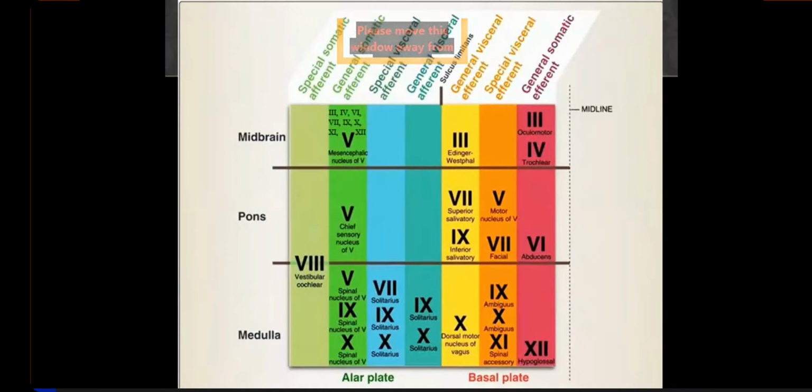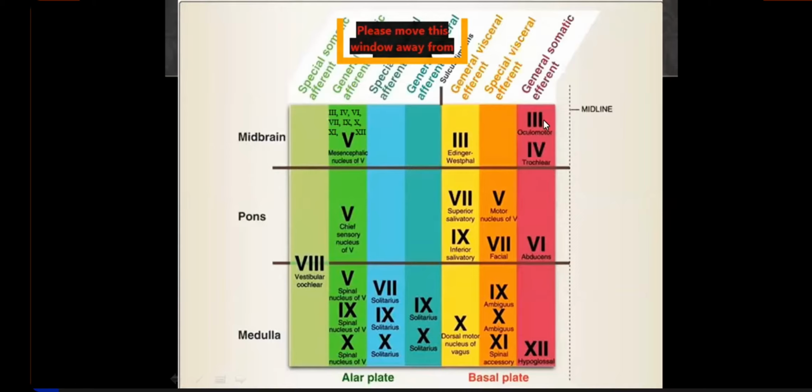Then functional columns. You should know this by heart by this time, because I have been repeating. It was all discussed in detail when I was teaching about the nuclei of cranial nerves and the functional columns. So it's a unilateral diagram of one side of the brain stem. Here you find is the midline. Then this is sulcus limitans.